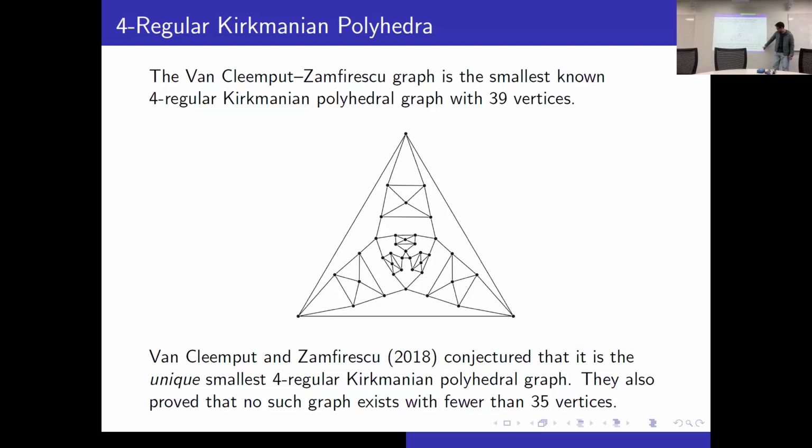And for your information, they also show that there is no 4-regular Kirkmanian polyhedral graph with fewer than 35 vertices. So they emphasize that they conjecture that this graph is the unique, smallest one.